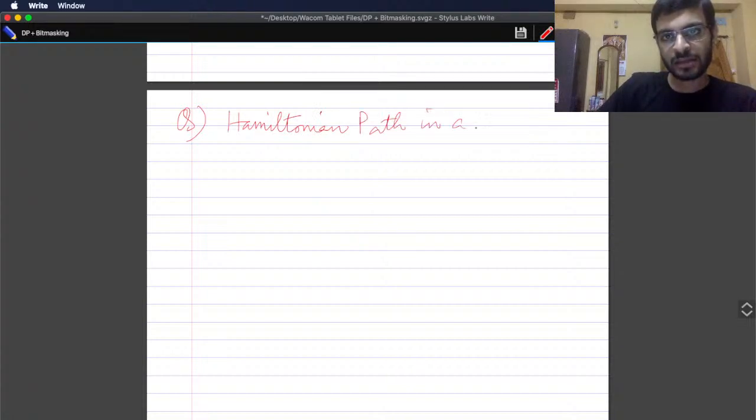This problem is a very common, popular problem and a very big research problem. Hamiltonian path in a graph.